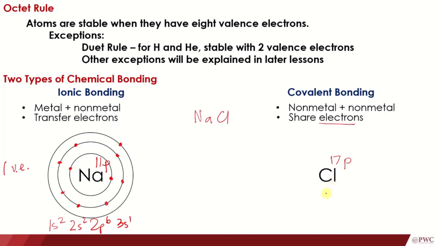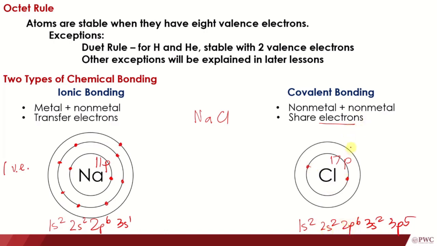So let's do the electron configuration of those 17 electrons. That is 1s2, 2s2, 2p6, 3s2, then 3p5. On the first energy level, we have 2 electrons. On the second energy level, we have 2 plus 6, that's 8 electrons.